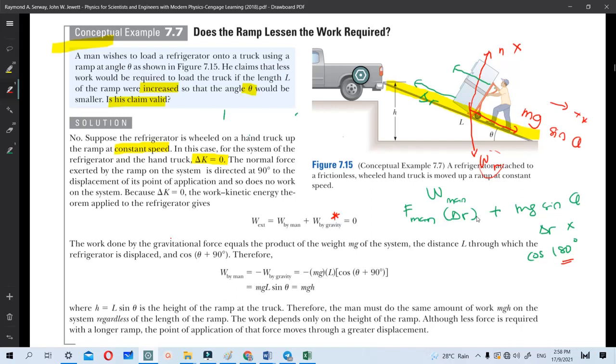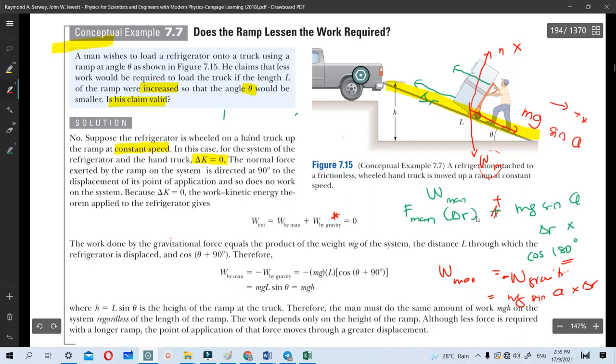So that's the reason why, when you are calculating work by the man, it turns out to be something like this. Work by the man is now equivalent to work by gravity. This is cos 180, so it turns out to be negative here, and then mg sin theta times delta R times cos 180, which is negative 1.